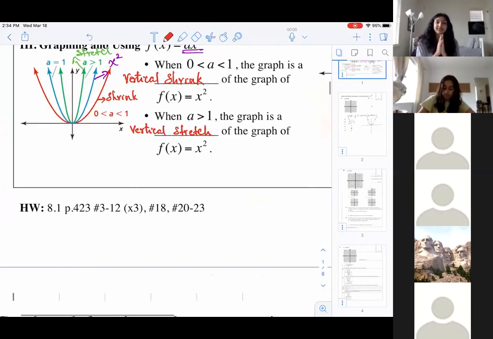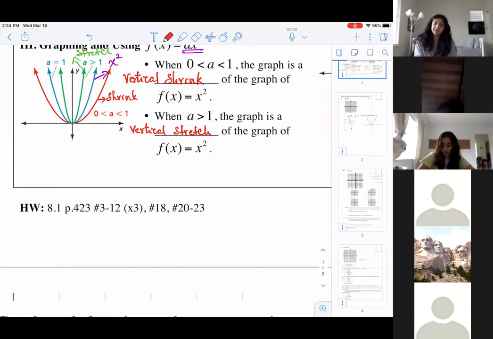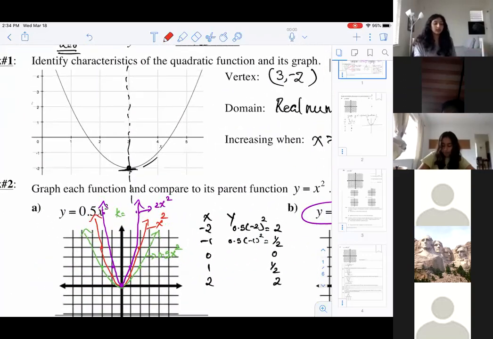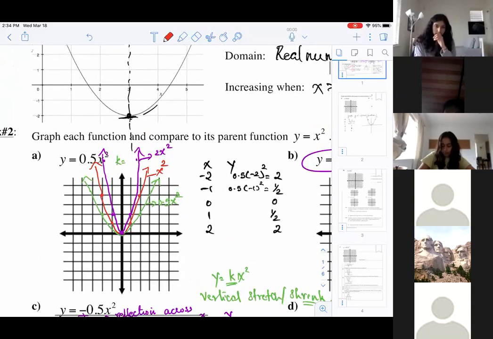Do you guys have any questions? Can you go back to A and B? This is our A, but I have all three on that. What is your question about A? Oh, you just wanted to see it?